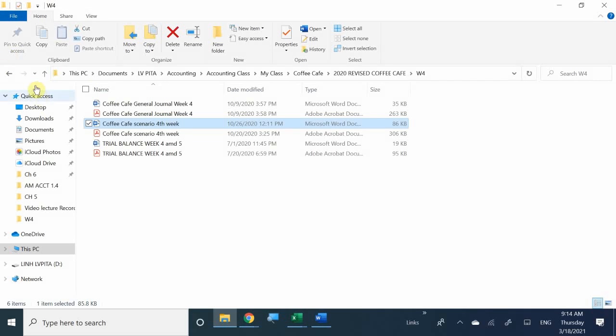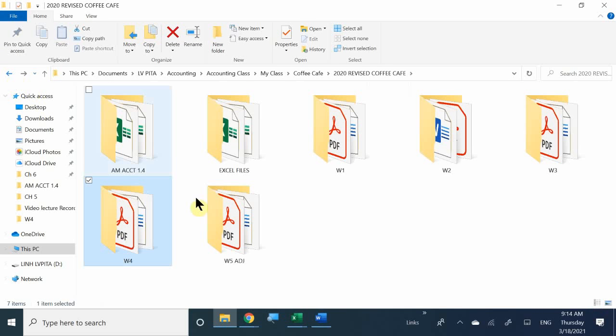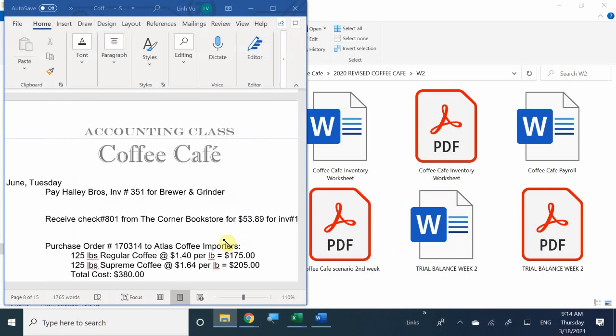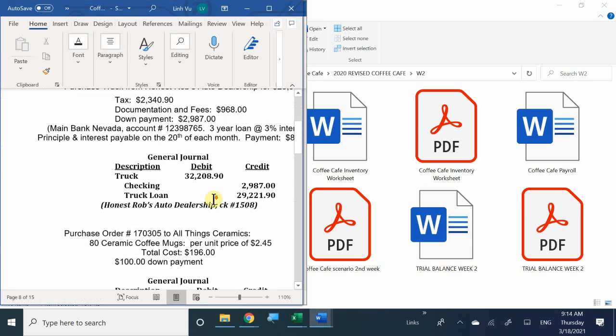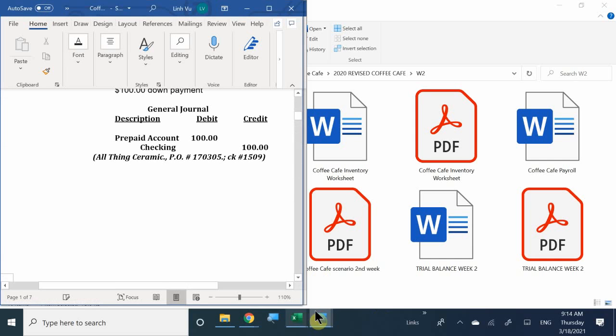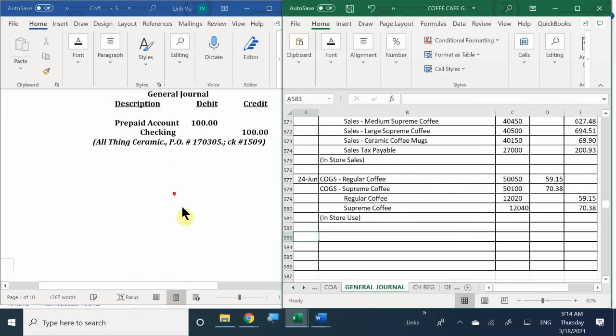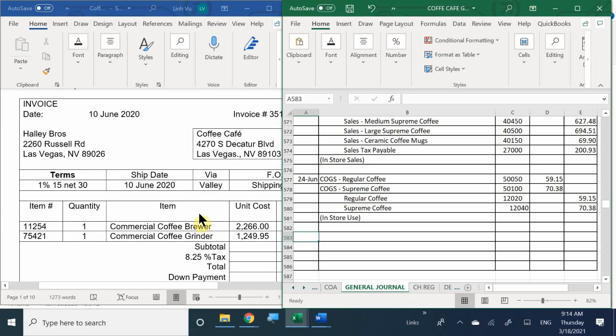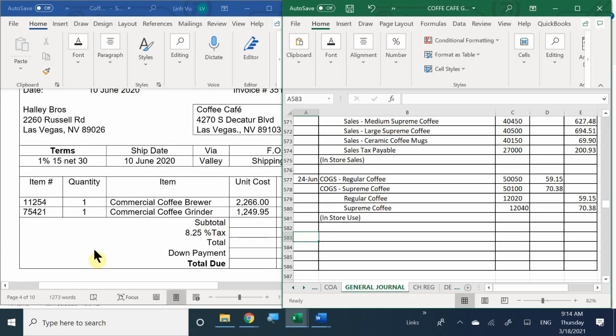Yes. Okay, so I'm going to pull up that real quick. June 10 was week 2. Here's the scenario. Okay, so I'm going to pull up the receipt real quick. Here we received the receipt for the Halley Bros.